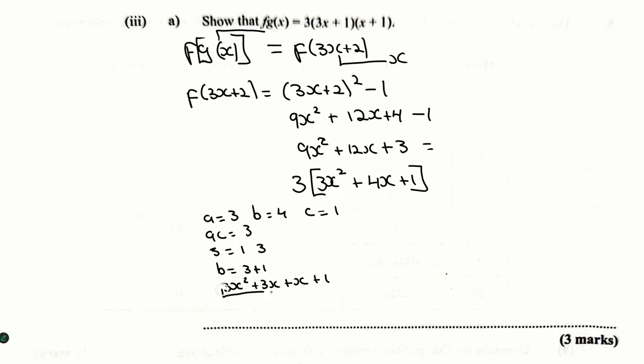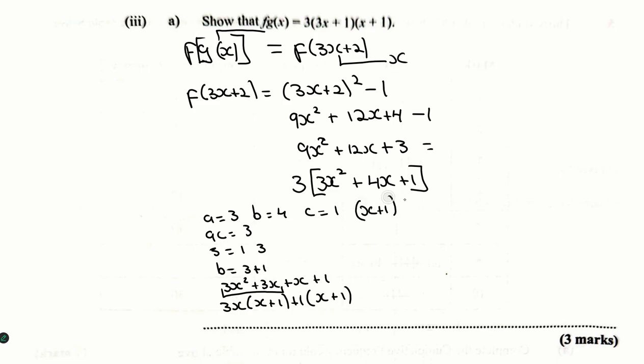Then you factorize the first pair. What could go into 3x squared and what could go into 3x? 3x. So that's 3x by x plus 1. What could go into x and plus 1? 1. And this would also be x plus 1. When we factorize and your brackets are the same, you make it into one bracket. So this would be x plus 1.